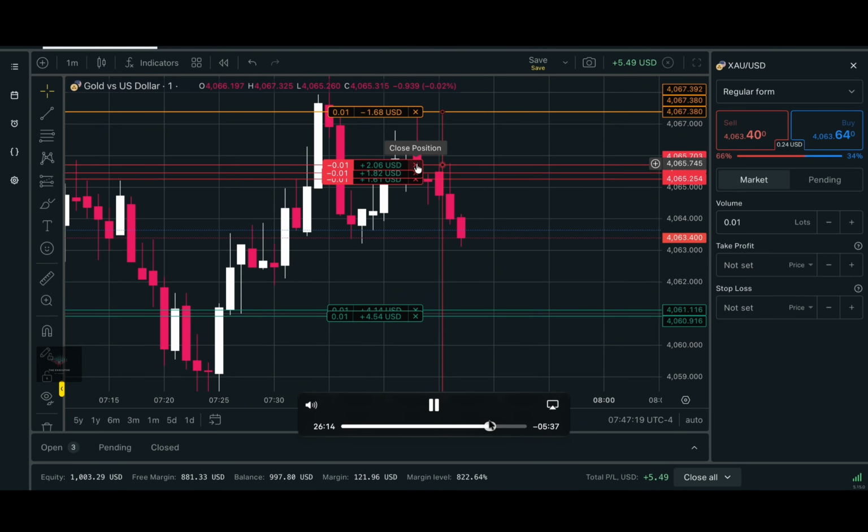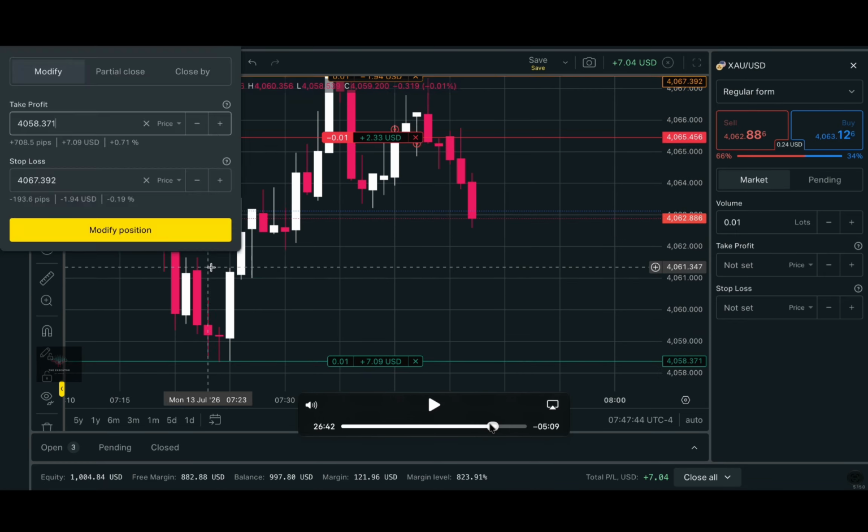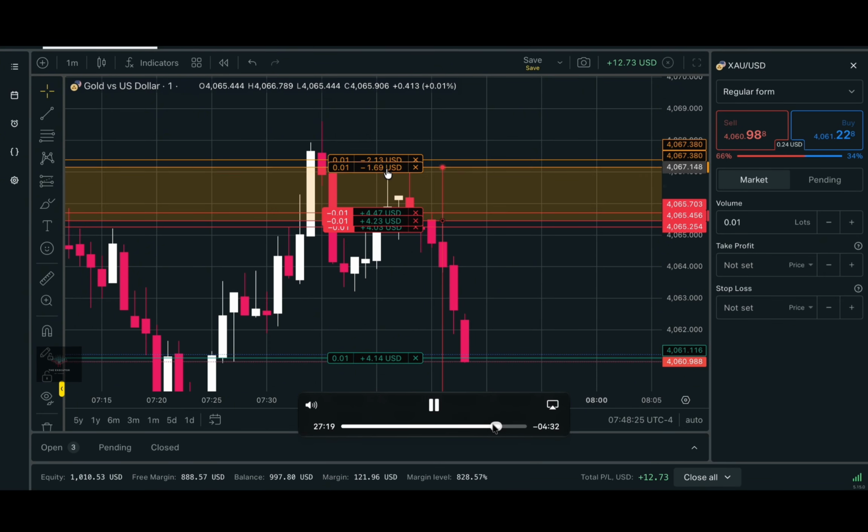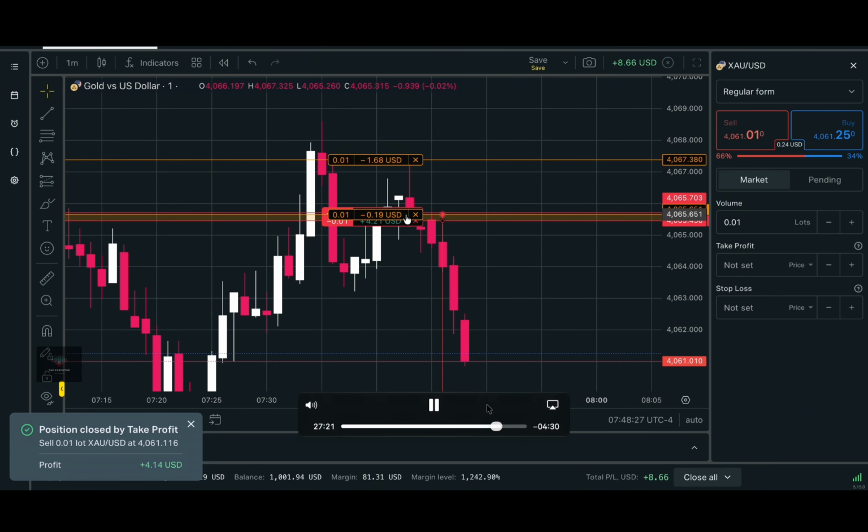Here it begins to come down. The TP1 taken out. Almost, yeah, there.